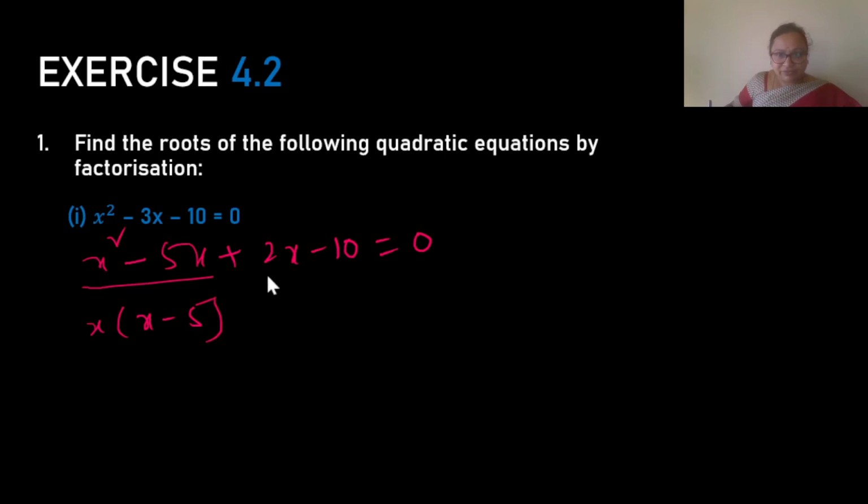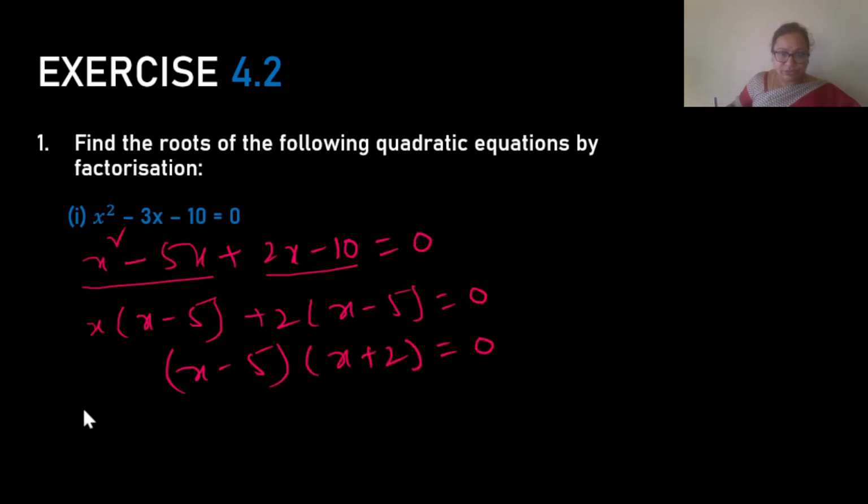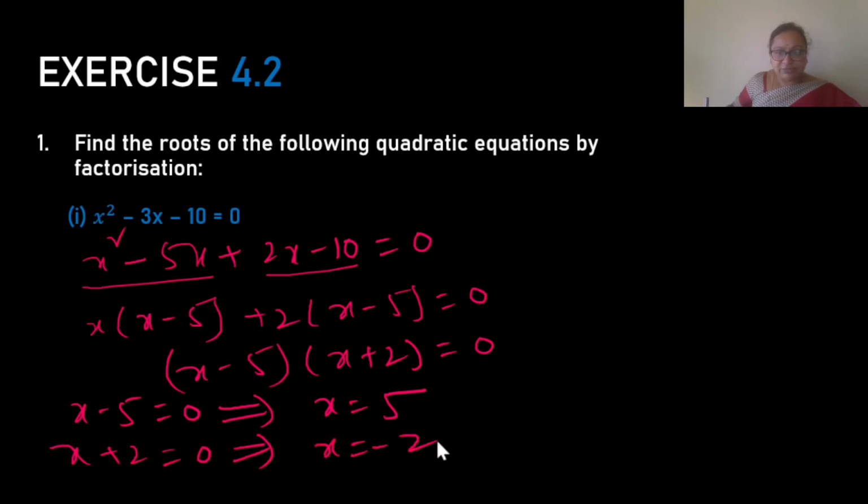Now take common factor from last two terms. That is plus 2 is common here, x minus 5. Now x minus 5 is common. So x minus 5 into x plus 2 is equal to 0. x minus 5 is equal to 0 means x is equal to 5. x plus 2 is equal to 0 means x is equal to minus 2.